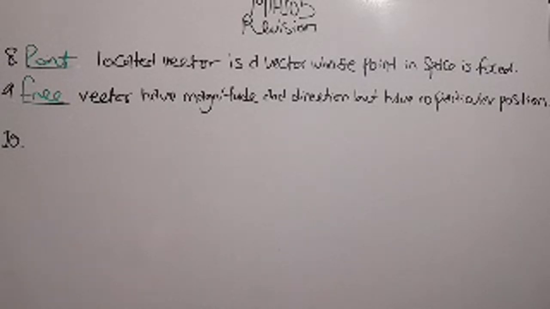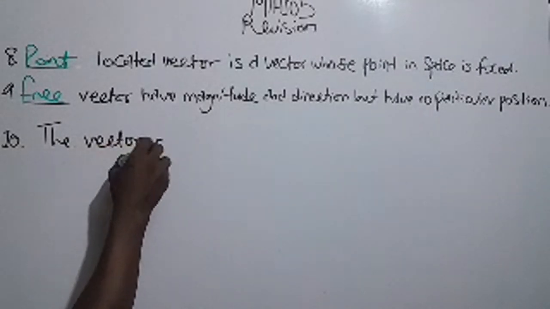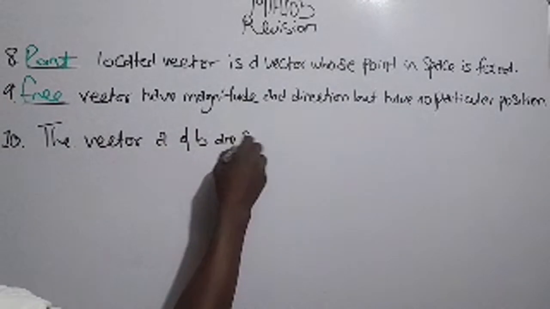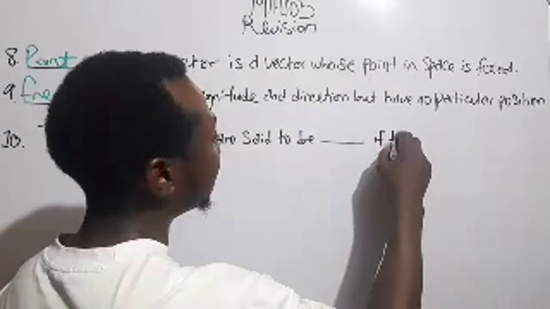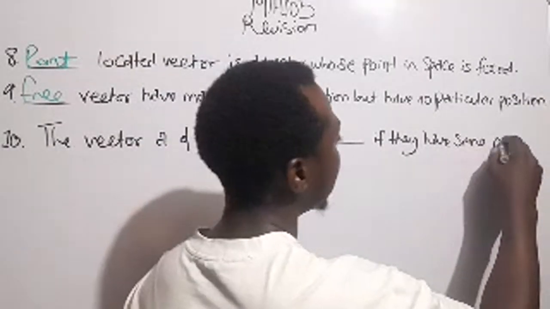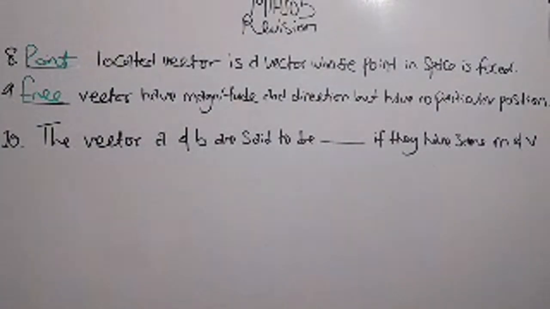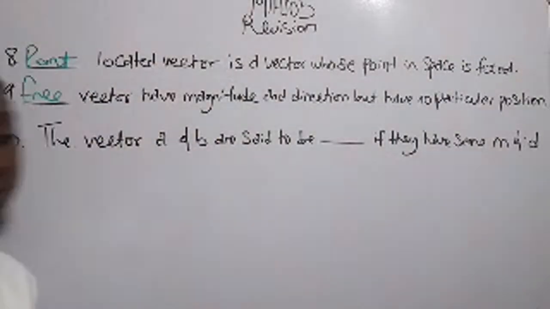The vector A and B are said to be dashed if they have the same magnitude and direction. Are said to be what?